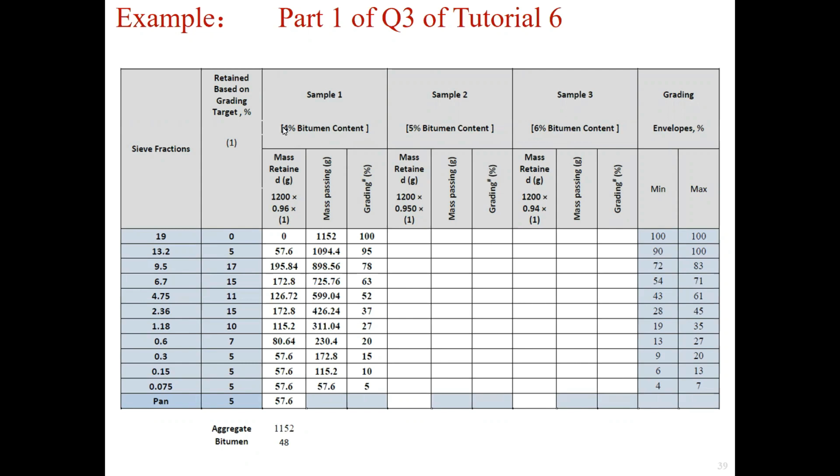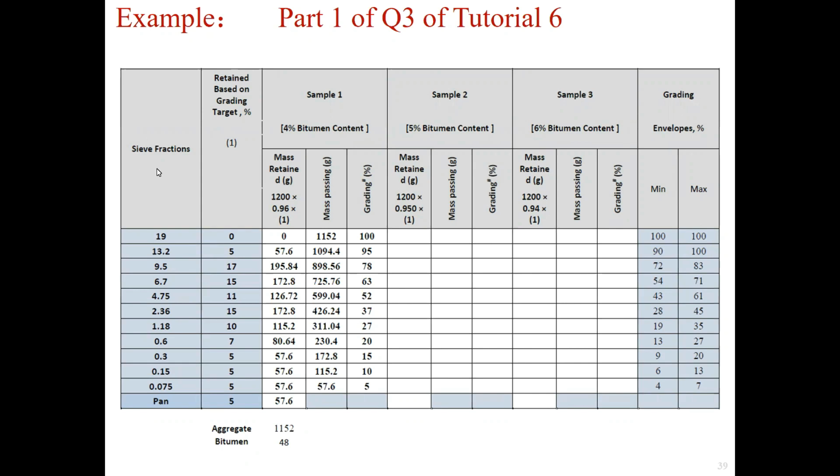So for 4% bitumen content, the weight of bitumen is 48 grams, and the total weight of aggregate is 1,200 minus 48 equals 1,152 grams. The upper and lower bound grading values are shown in the last 2 columns. The calculated grading ought to be bounded by these values.